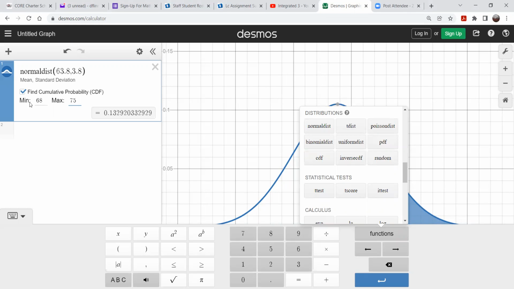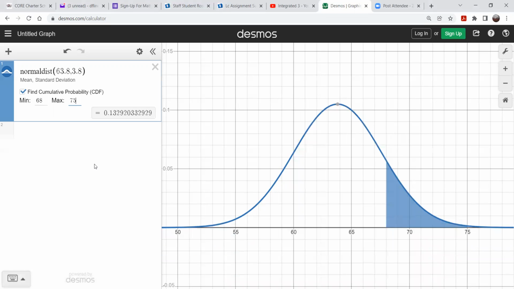Then I clicked the check mark for cumulative probability, and that's where I put my range in. And there was a zoom fit. I hit zoom fit so I could see it better. What this has done, the 68 to 75, is see right here, that 68 and that 75.